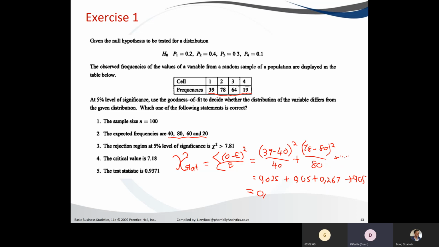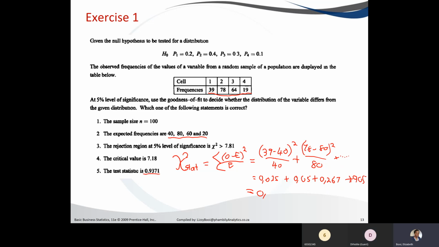Okay, it's my bad. 0.392. Now I was adding that 0.267 as 0.0267. It's my bad. So the answer is 0.392. Yes, I think they wrote this wrong.